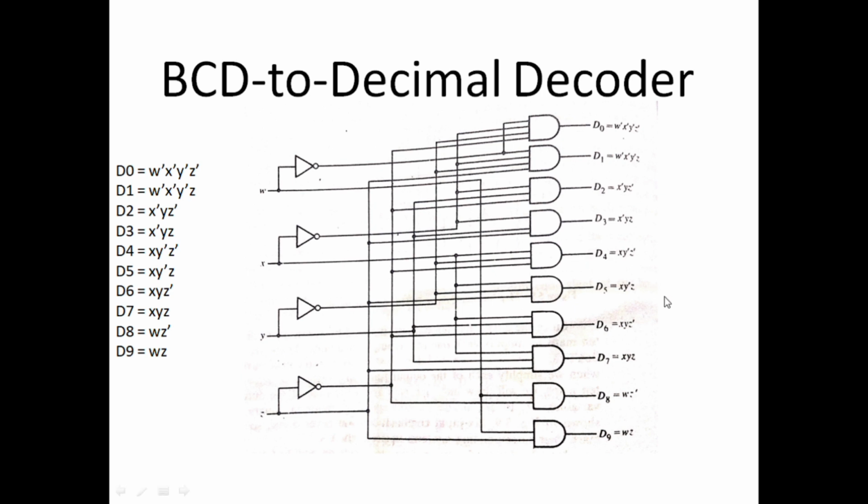But in this particular case, we have only 10 outputs, and this is because the 6 input combinations are not used, they are don't care conditions. This also tells us that the number of outputs, which is m, is sometimes less than 2 raised to power n, where n is the number of inputs. So this is a unique example to highlight that aspect as well.